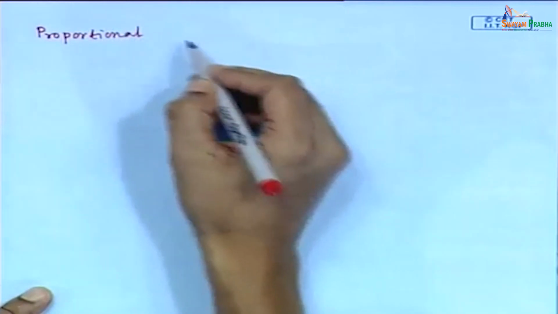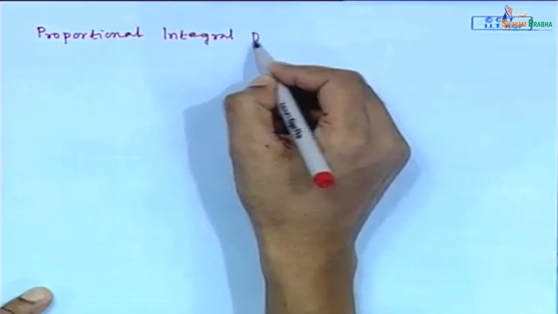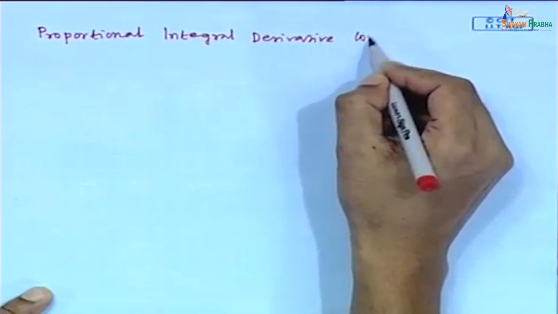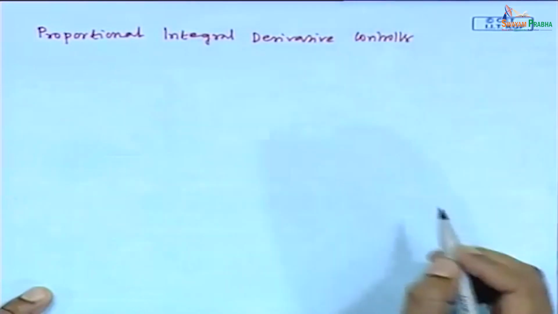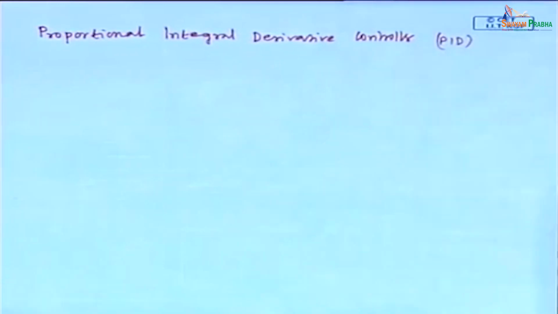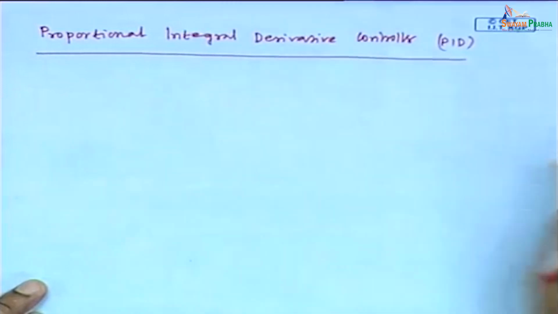The name suggests that the controller includes three actions: proportional action, integral action and derivative action.